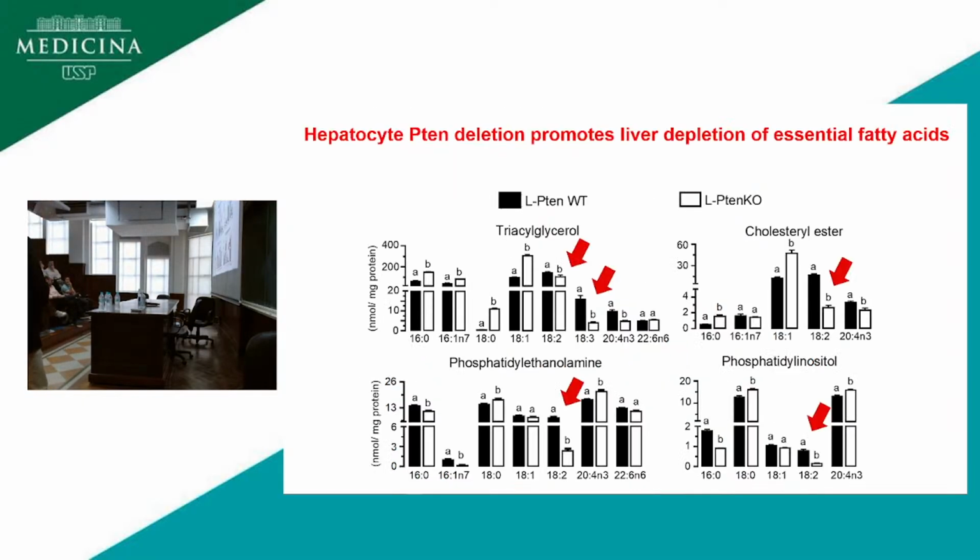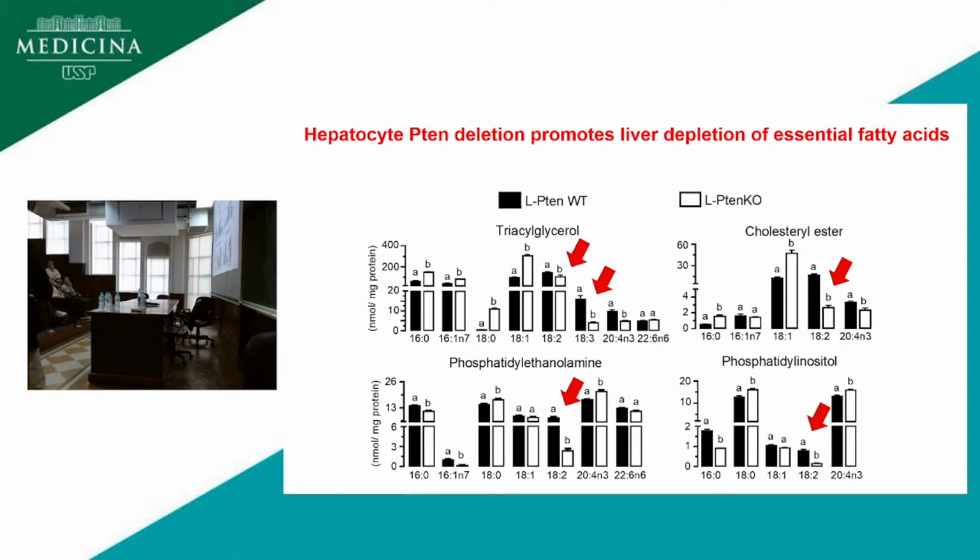And interestingly, we also ran a lipidomic analysis in the liver of these mice, and we found the same phenotypes that we found with the lipodystrophic mice, with a depletion of essential fatty acids in several different lipid species, such as triacylglycerol, cholesterol esters, phosphatidylethanolamine, phosphatidylinositol, all of them showing depletion of these essential fatty acids.